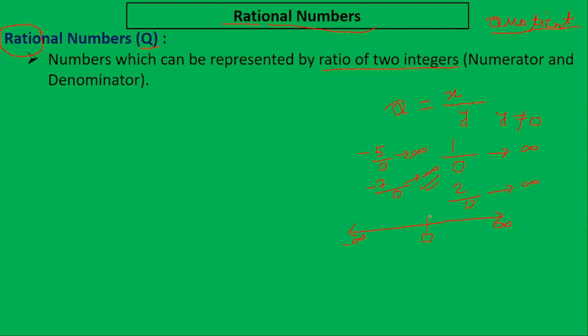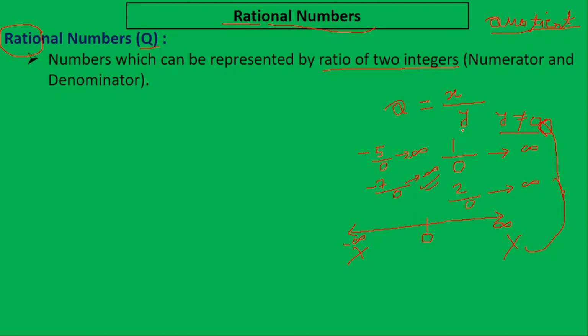Whenever there is a chance of infinity coming into the picture, we become very cautious. These two are the extreme ends, infinity and minus infinity. If you put the denominator 0, then only these two numbers will come.